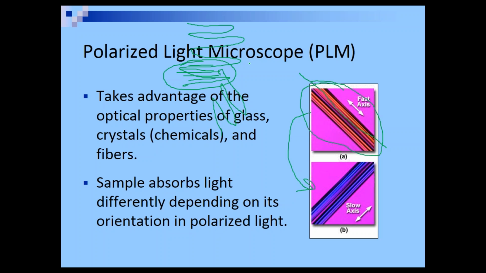A polarizer would be like 3D glasses. Do you guys ever go to a 3D movie and get those 3D glasses? If you have a pair around the house, and I'm also going to give you another example, what you'll notice is if you look at somebody else wearing 3D glasses and you close your left eye and then your right eye, one of the lenses is dark and the other is not as dark.